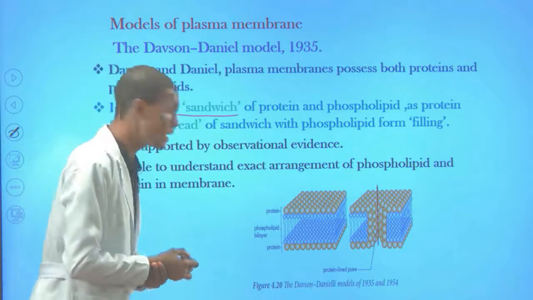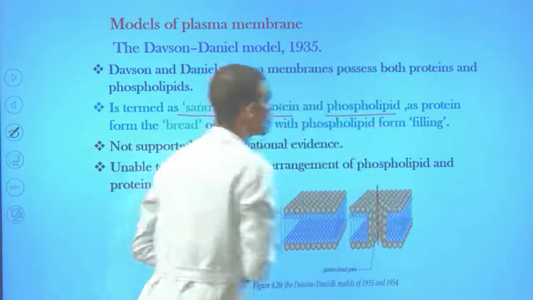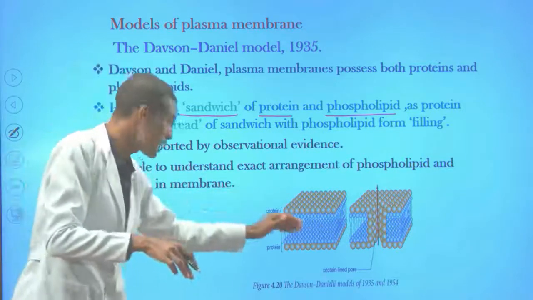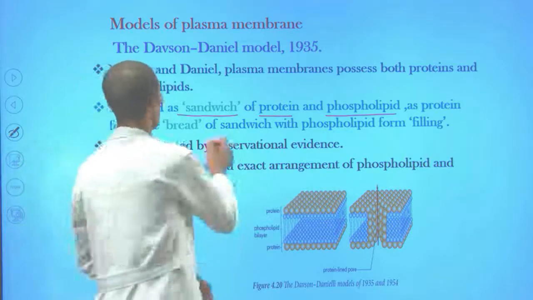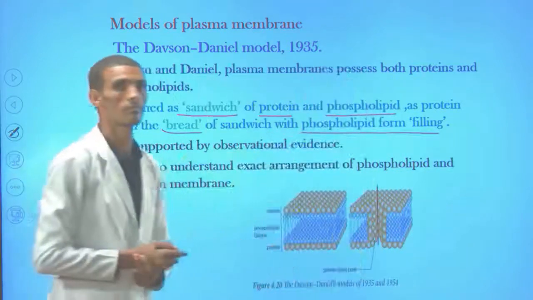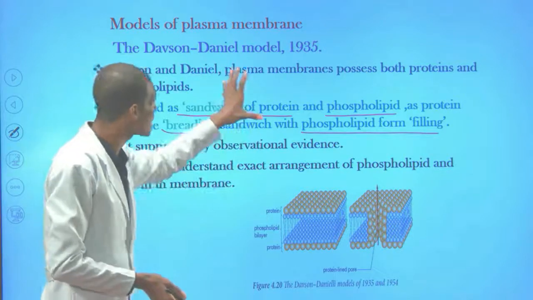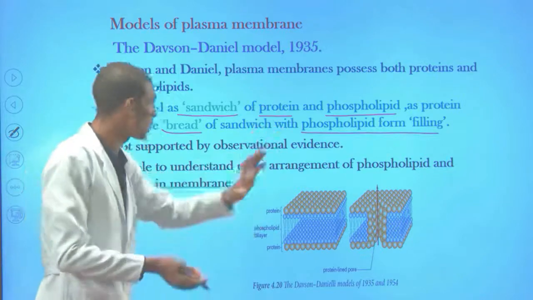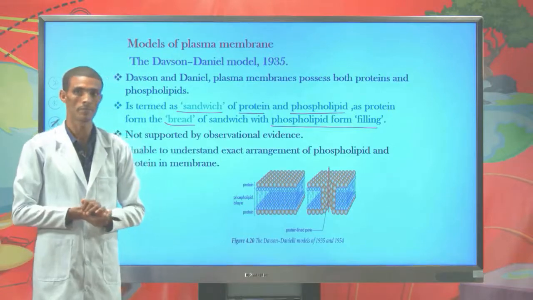The plasma membrane is a sandwich in which protein makes the surface bread and phospholipid is the filling. Because there is no explanation of what they suggest about the plasma membrane, and no supportive evidence, this model is not much accepted today.